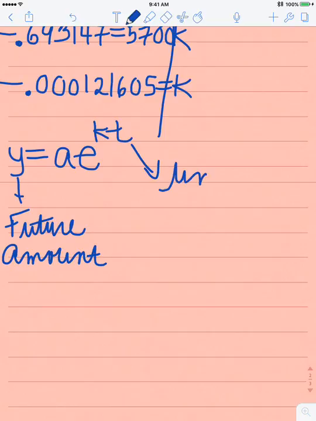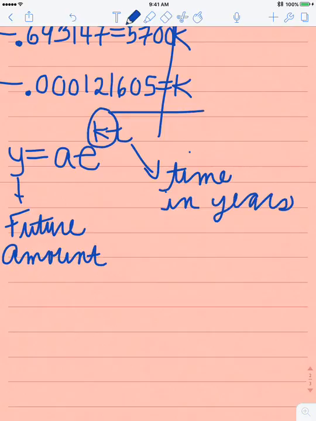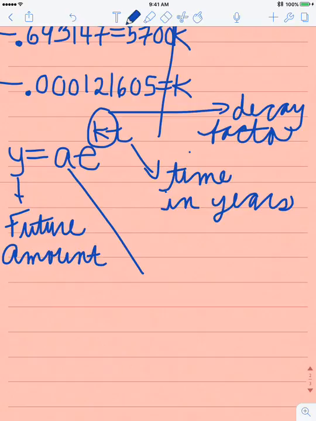This is, of course, time in years. K is that factor, that decay factor, which we just solved for. And A is the initial amount, starting amount.